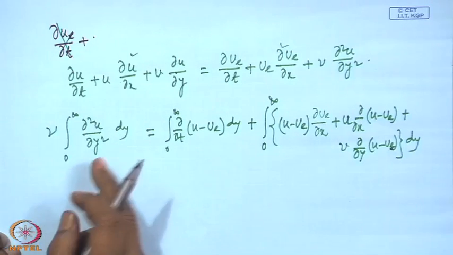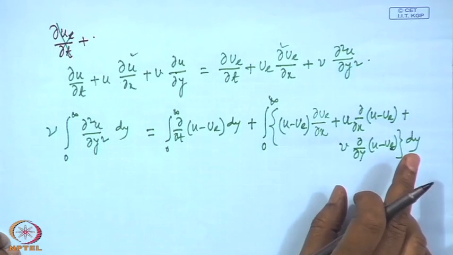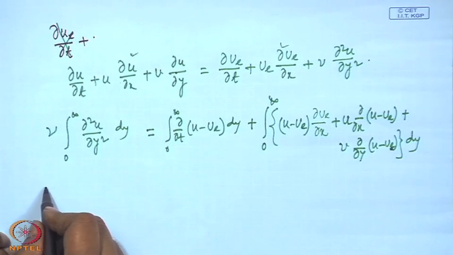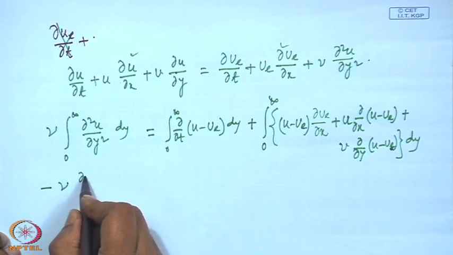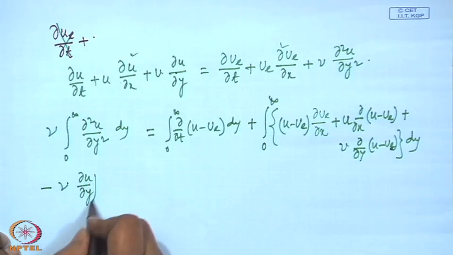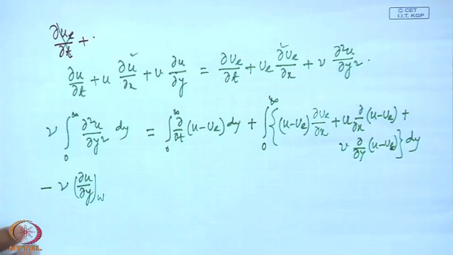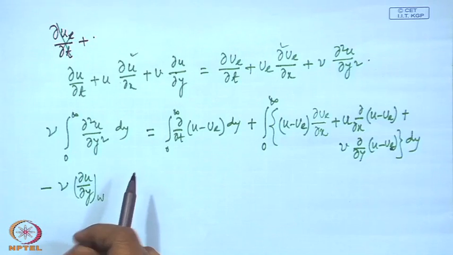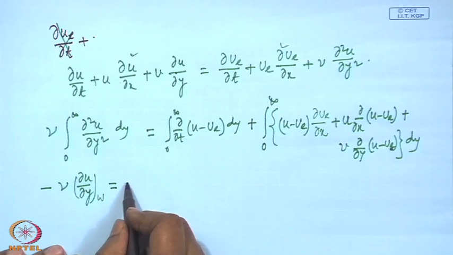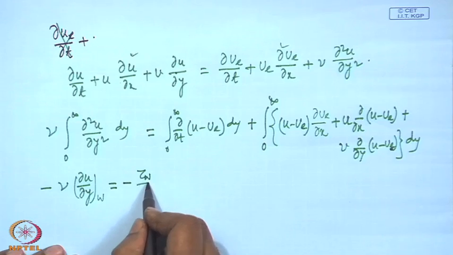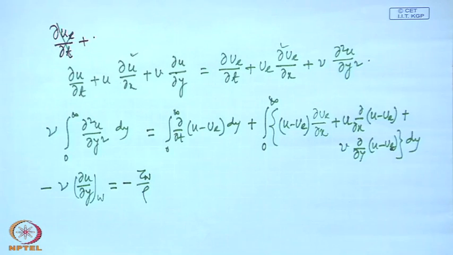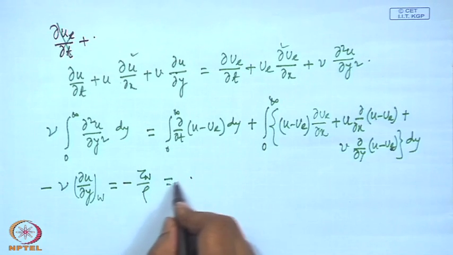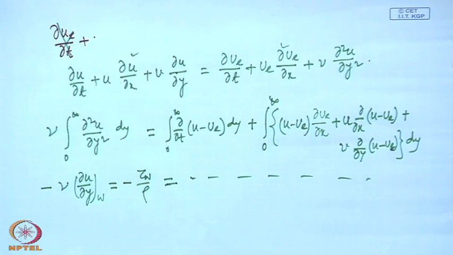the negative sign we will send across, okay, or let us write the first one line. This is what it is coming for y equal to 0, that 0 we are replacing by wall, and this is what it is. Okay, and the right hand side remains as it is.